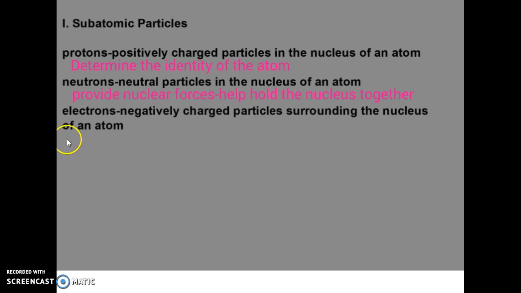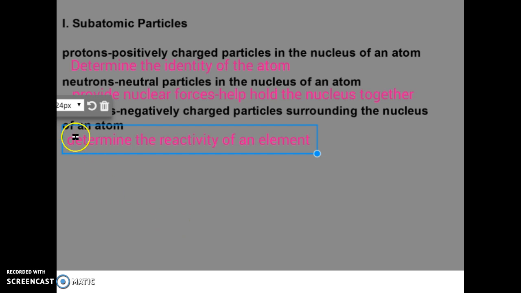The electrons, we know that they're these negatively charged particles that surround the nucleus. The electrons themselves determine the reactivity of an element. And that will make more sense when we talk about the arrangement of different electron shells.